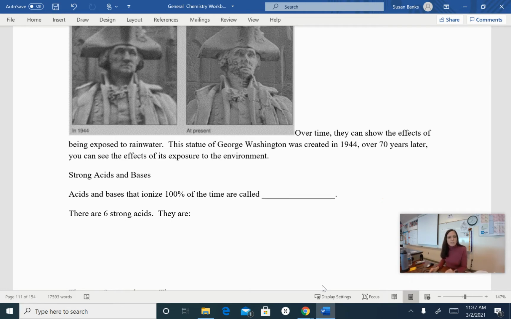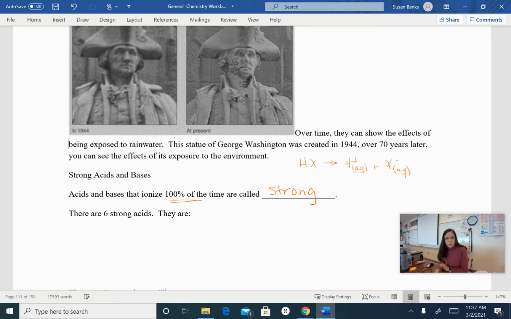Now, acids and bases that ionize 100% of the time are called strong. And by strong, this is what I mean. If I had an acid that has hydrogens, when I put that into water, I would create hydrogen ions, and then whatever is left would be a negative ion, and that would also be in water.